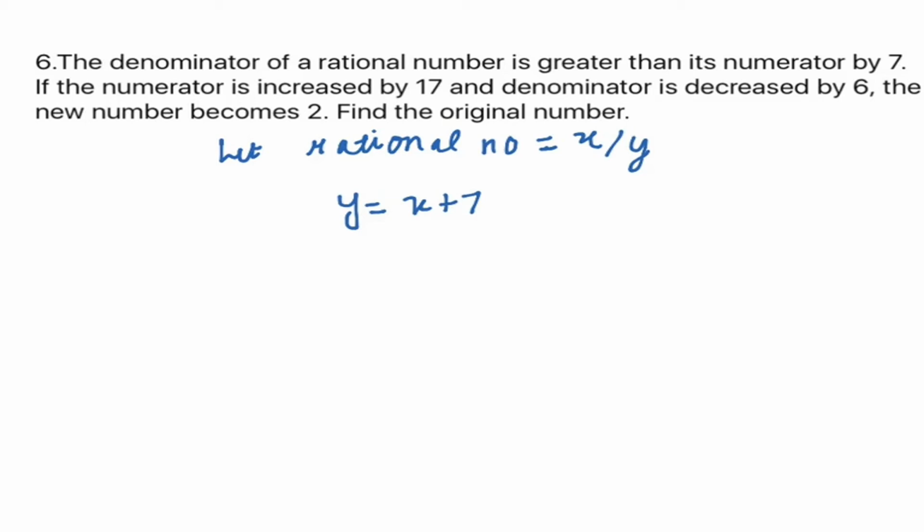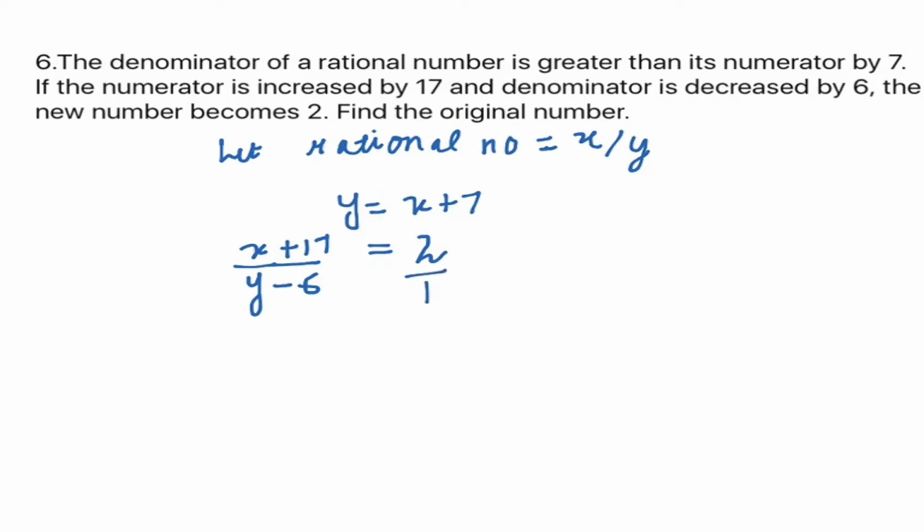As we have a rational number as x by y. So now the next step they are saying, if the numerator is increased by 17, so it means plus 17, and denominator is decreased by 6, it means minus 6. The new number becomes 2, and we have to find the original number. That means we have to find the value of x and y.